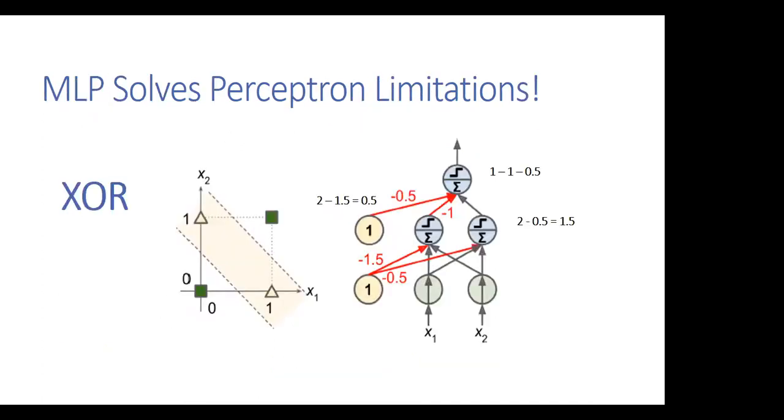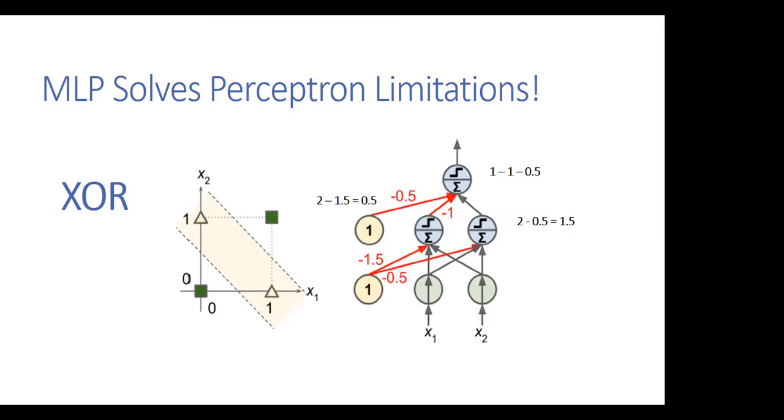But because perceptrons were the simplest ANNs, they have some limitations. Because of that, the MLP, which is a multi-layer perceptron, can solve these limitations.